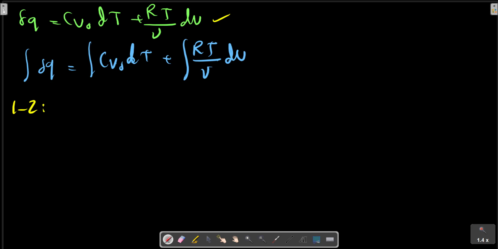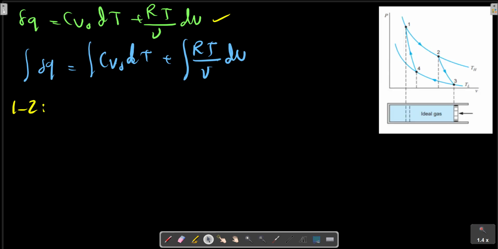Let me provide the picture again. The process 1 to 2. The integration of Q is Q_H because Q_H is related to the high temperature process.